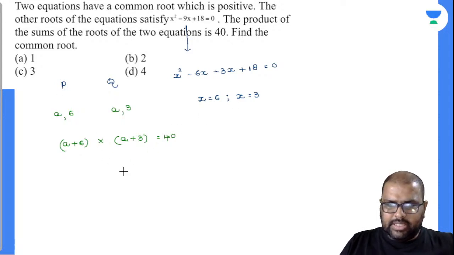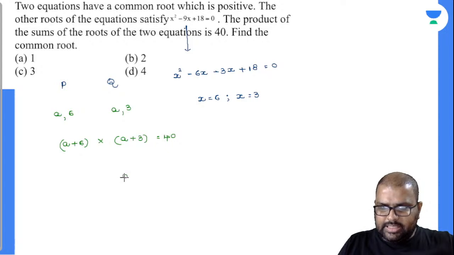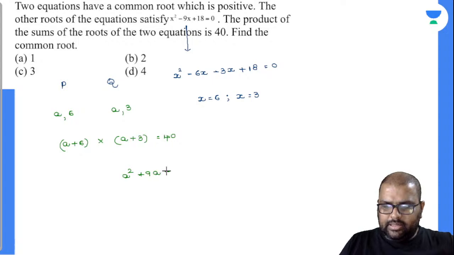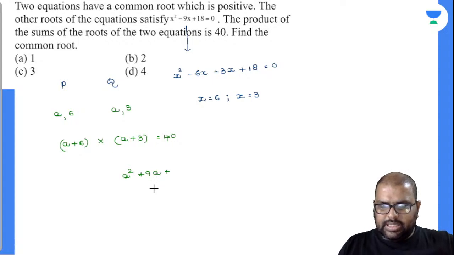So a into a is a square. 3a and 6a will be 9a, plus 18. a into a square, a into 3 is 3a, 6 into a is 6a, 6 3s are 18.